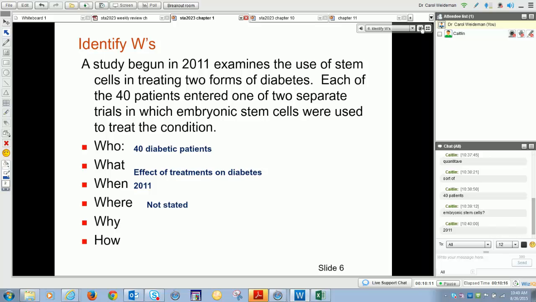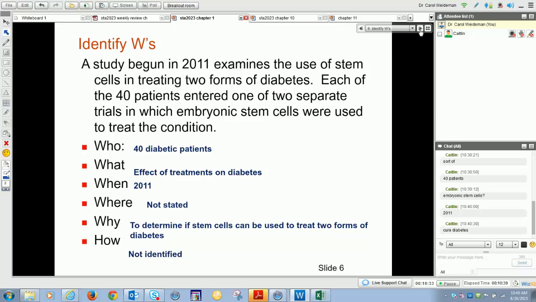Why are they doing this? What do they want to figure out? They want to do something with the stem cells, right? So they want to see what's the effect of the stem cells on the diabetes. See if they could be used to treat the forms of diabetes. And then how did they do it? Okay, they don't really tell us here. They really don't tell us how they went about collecting this information.